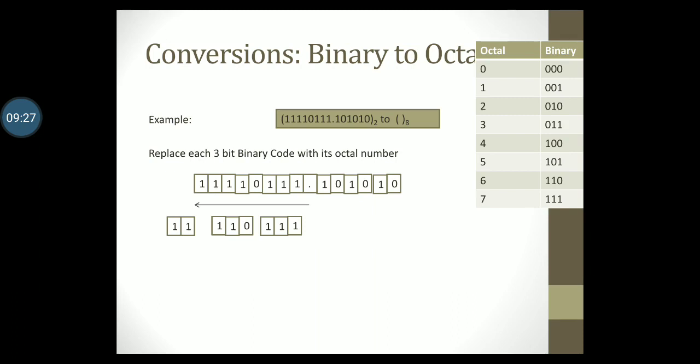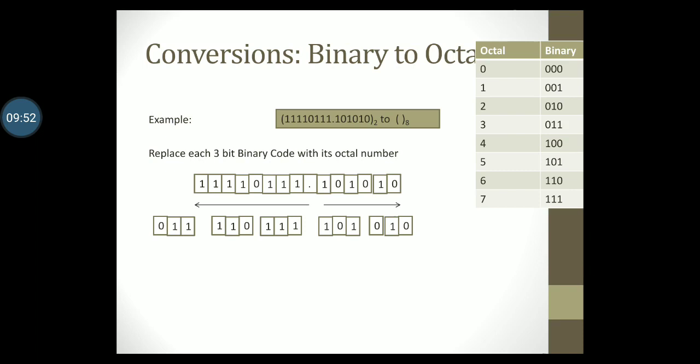Notice that it is short of 1 bit. So to make it 3 bits, we add a 0. Now, starting from the decimal point and moving right, we get one group as 101 and another group as 010. We have finished dividing the number.